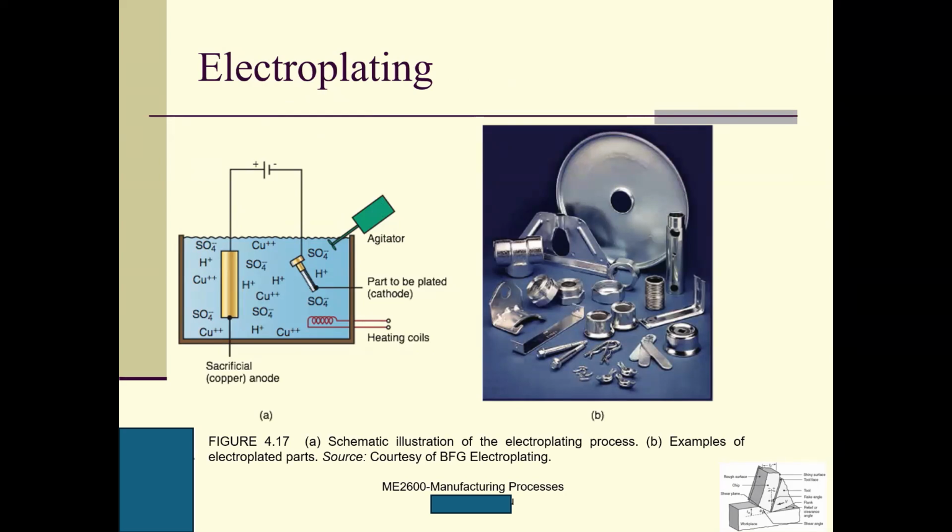Why is this one called sacrificial? Because as time goes, this anode will become smaller until it disappears. Why? Because atoms become ions, losing electrons, and the ions will be in the solution. These are heating coils; you want heat to elevate the temperature.